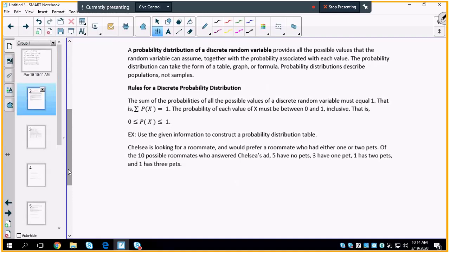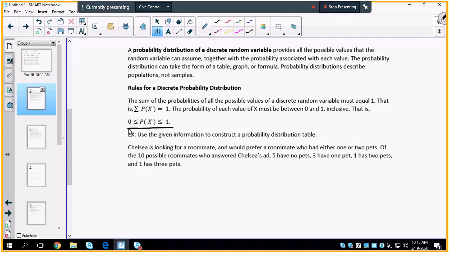The two essential rules for a discrete probability distribution are these. First, the probability of each value of the random variable must be between 0 and 1, just like the probability of an event. It cannot cross the value 1 or the value 0. It can be 0 or it can be 1, but it cannot be less than 0 or greater than 1.